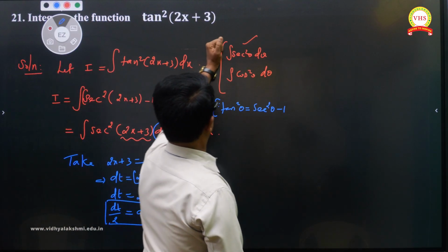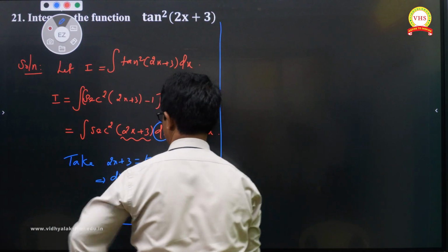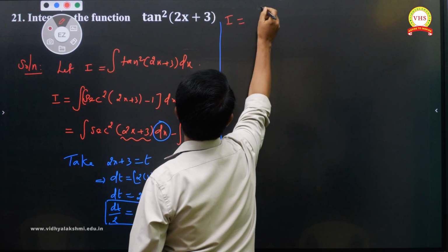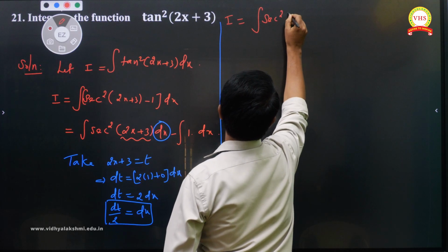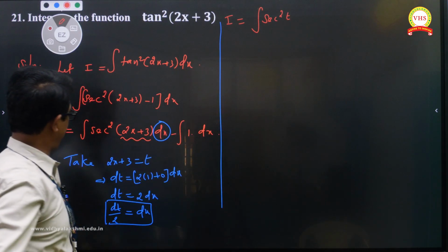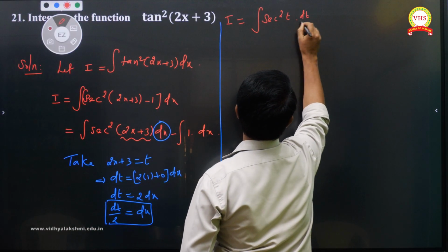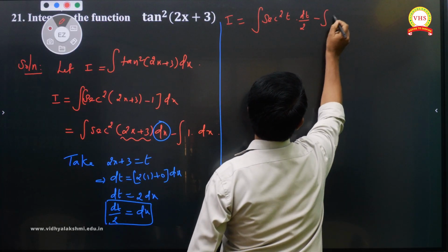Now the integration becomes integral of secant square t, because we replace 2x plus 3 by t, into dt divided by 2, then minus integral dx.